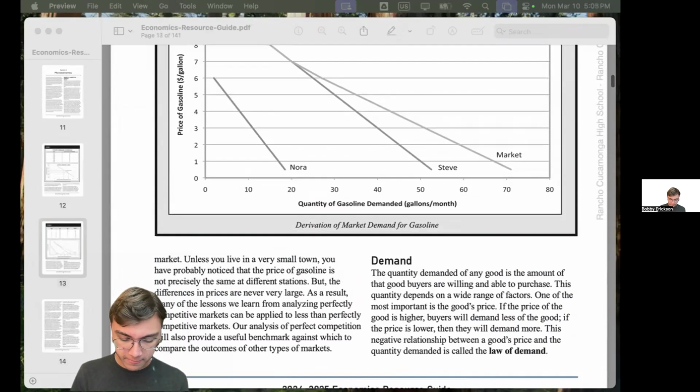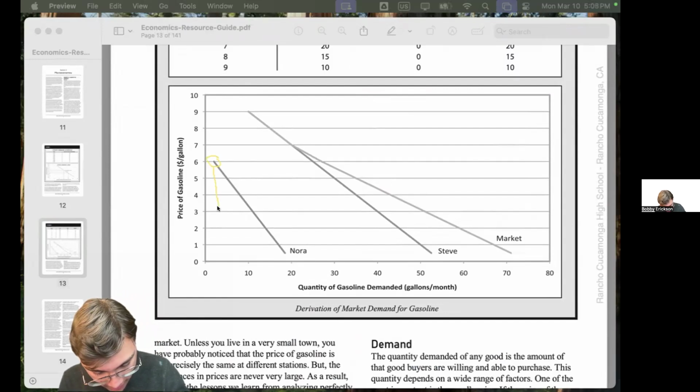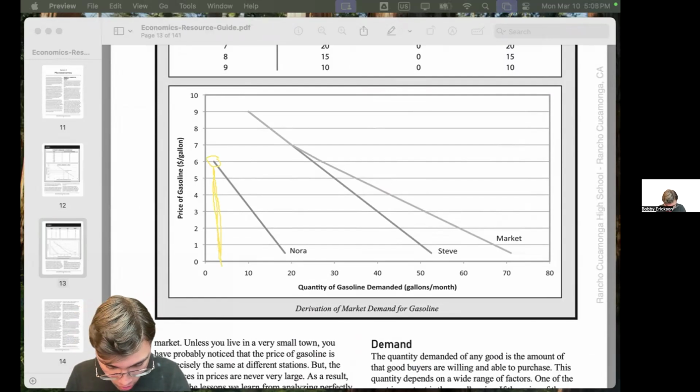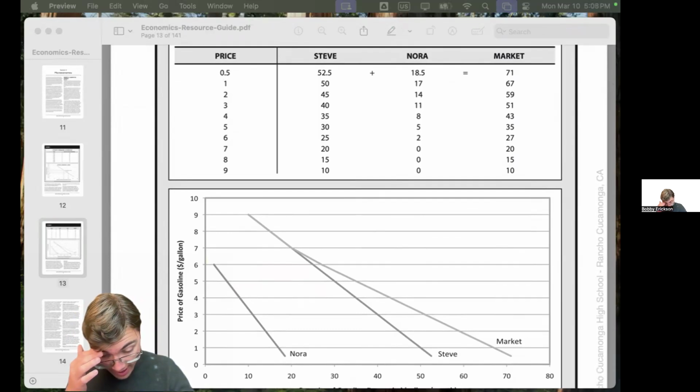So as we can see, with each of these demand curves, we're adding these values. I'm going to scroll up real quick. We see that at the price of $6, Nora is at 2 demanded, so we have 2.